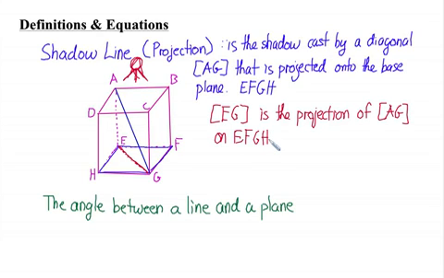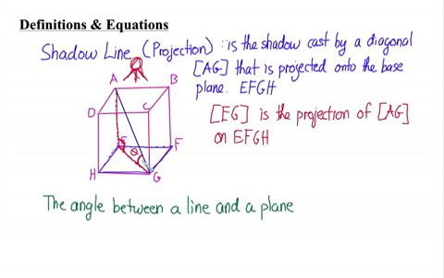You can see what I've done is I've created some right-angled triangles inside the wire frame. And using trigonometry, I can find specific angles between the wire and its projection, or the wire and the base.